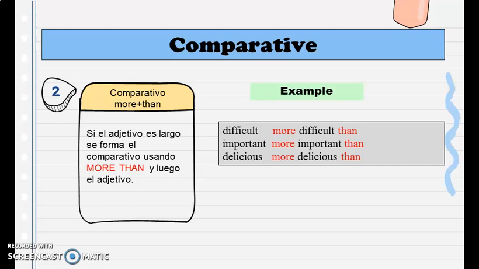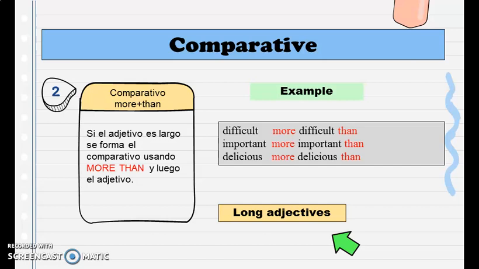Examples: difficult, more difficult than. Important, more important than. Delicious, more delicious than. This is for long adjectives, adjectives that have more than 2 syllables. This is the second rule.